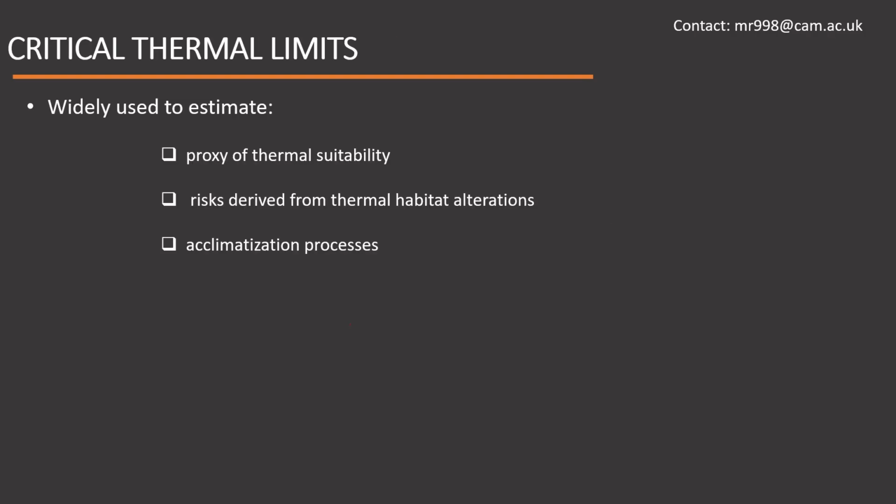Given that it is a relatively simple experiment, the measure of critical thermal maximum, and thermal minimum as well, is used in the literature as a sort of proxy or estimation of thermal suitability of a certain habitat for certain taxa or communities, but also to estimate the risk derived from the thermal alteration of those habitats. And by comparing the critical thermal maximum of different populations, we can try to understand some acclimatization processes.